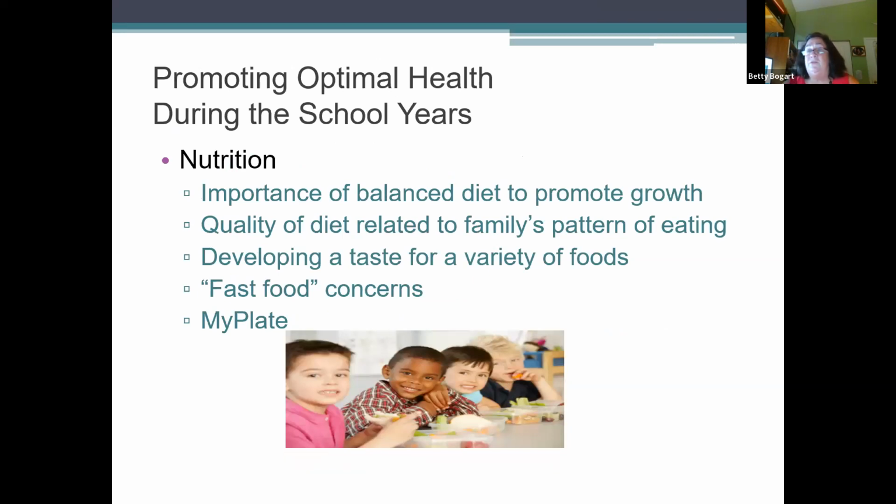Nutrition, always an important thing. We know that school-age children tend to like all the fast food stuff. And we know that today nutrition can be difficult because children are more sedentary. They're using technology more. So if they're eating snacks, they're getting heavier, and obesity has become a problem in school-age children right now.